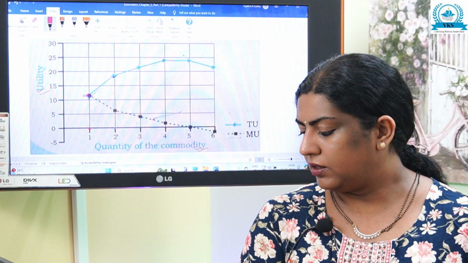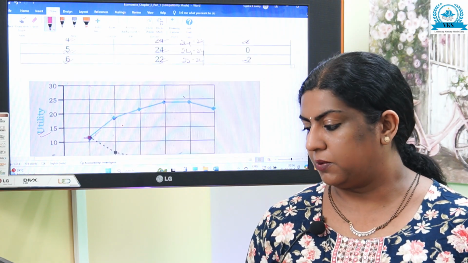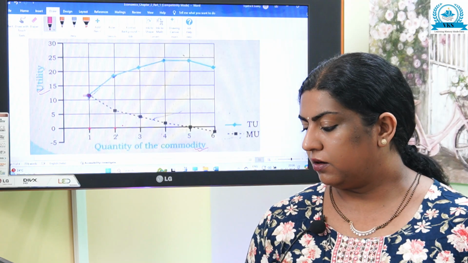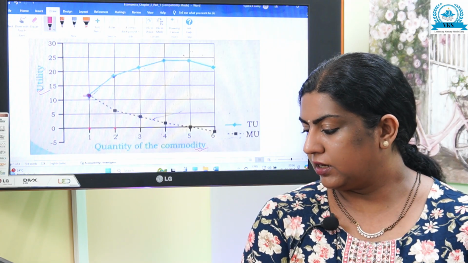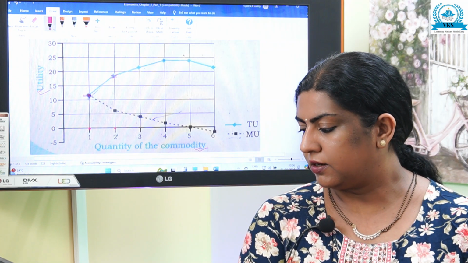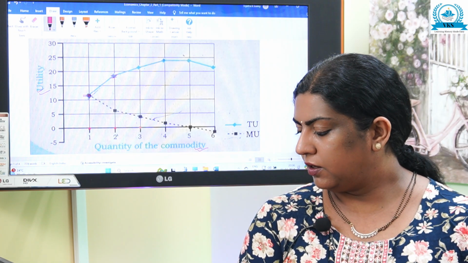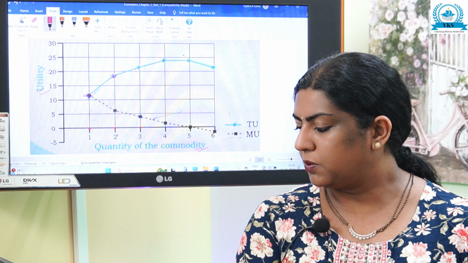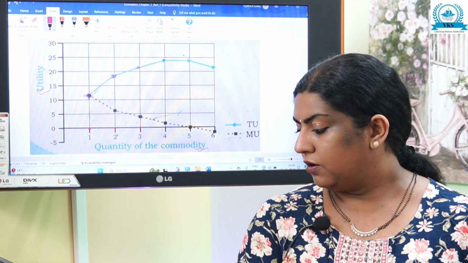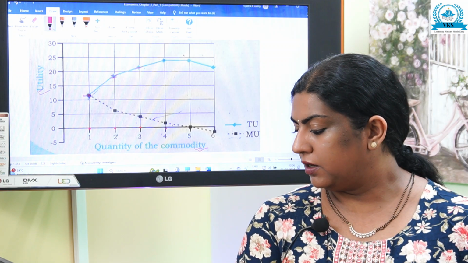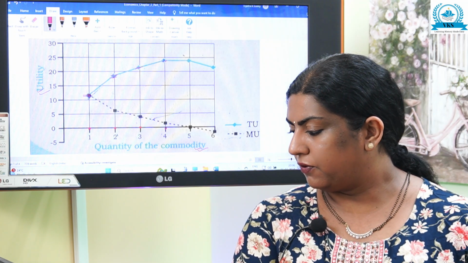Then when the second banana is consumed, the utility increases to 18. Then when the third banana is consumed, the utility increases to 22. When the fourth one is consumed, it goes to 24.